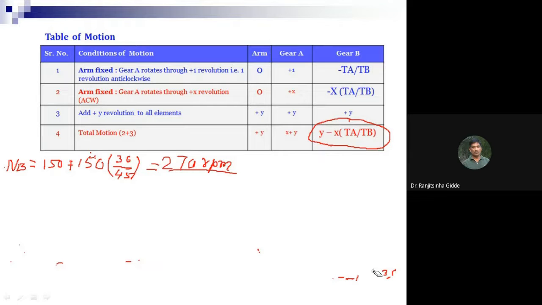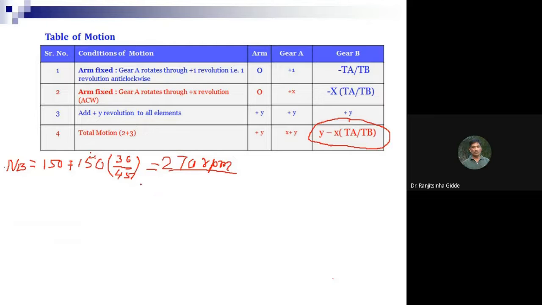Now whatever sign we have got here, 270 RPM, no sign means there is a plus sign.